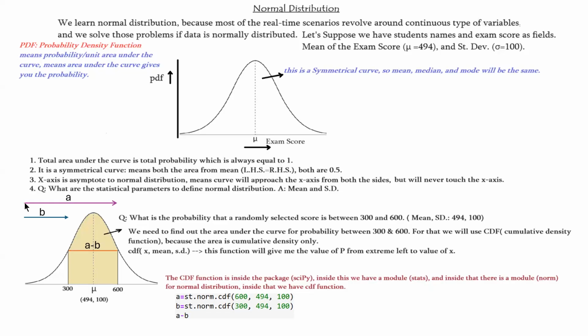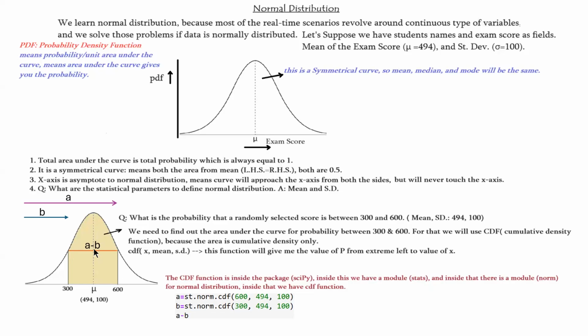If I count the total probability under the curve from the y-axis to 600, I have named it A. And the total probability from the y-axis till 300, that will be considered as B. So if I do A minus B, I will get this orange area, the probability for this area, 300 to 600.